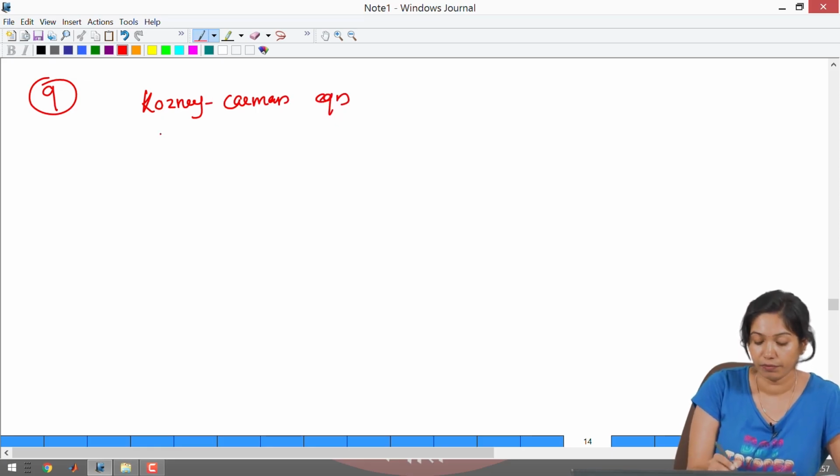Which is applicable for Reynolds number less than 1, I will write the Kozeny-Carman equation.